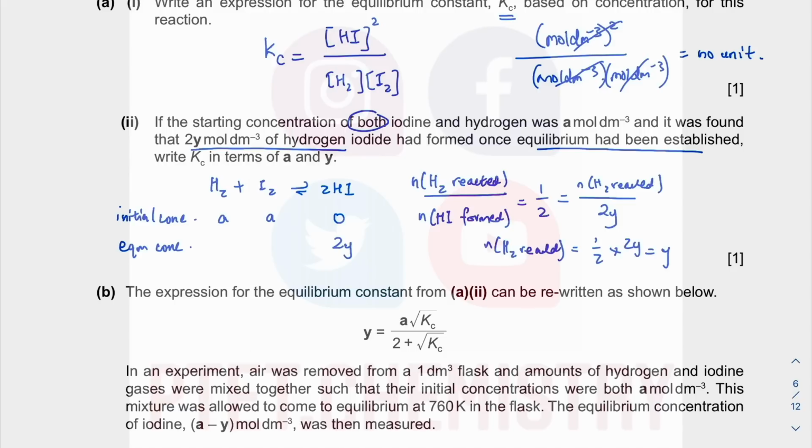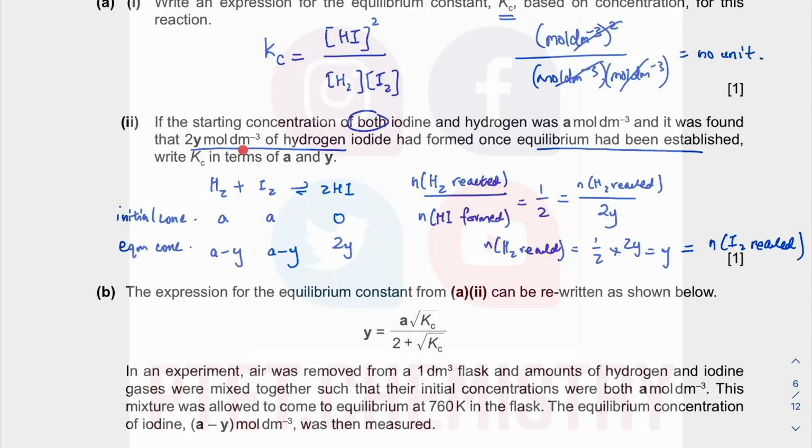And you can also see that the mole of I2 reacted is equal to the mole of H2 reacted, because 1 mole of H2 reacts with 1 mole of I2. So I don't need to do the same thing twice. So that will be A minus y, because y mole will have reacted.